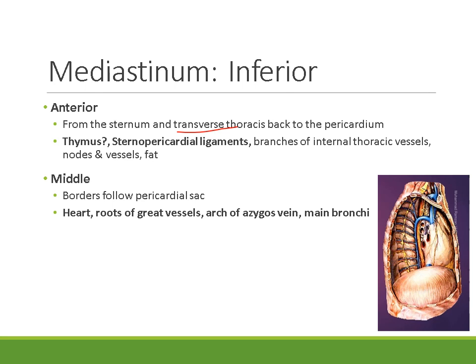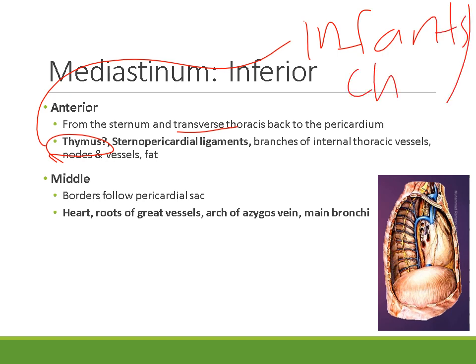The anterior inferior mediastinum can have the very bottom parts of the thymus, but that's only in infants and children. Remember, I just told you guys that the thymus is up in the superior part. The thymus is located up here.